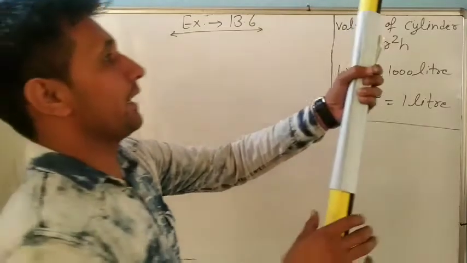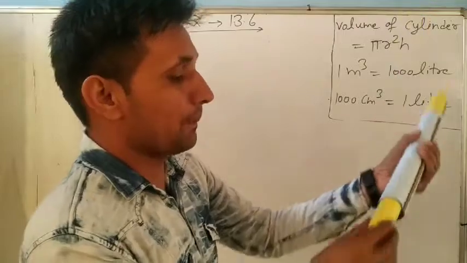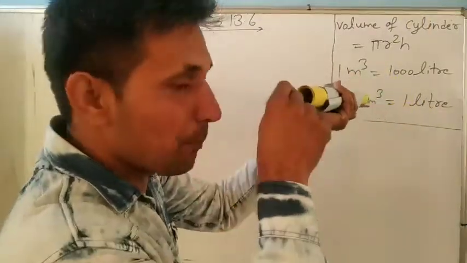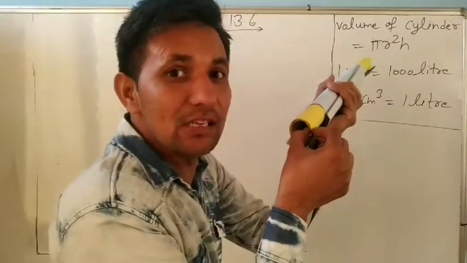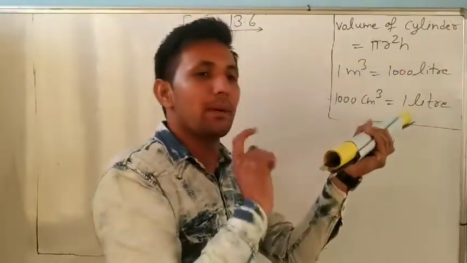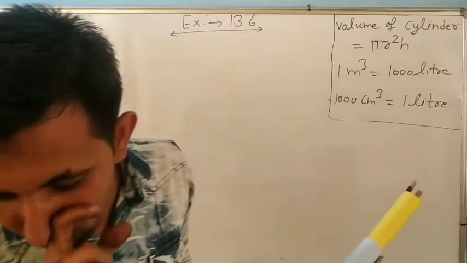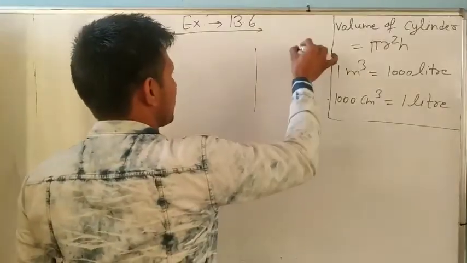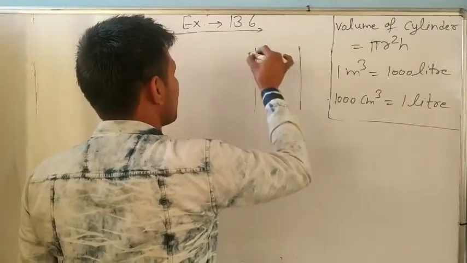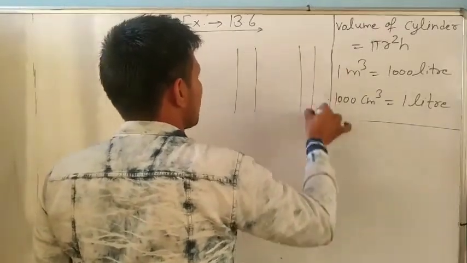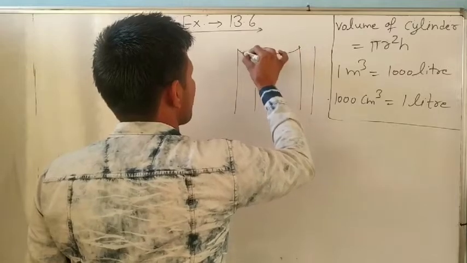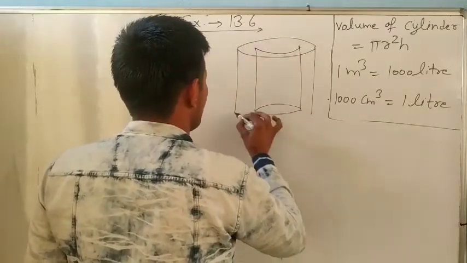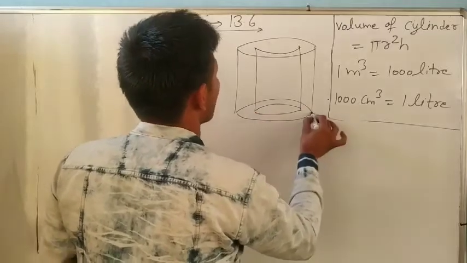It is like a cylinder, but when we observe a hollow pipe, it means there is some width of the wood also, because it is made of wood. It is a wooden pipe, it is a cylinder, and it is hollow, like this one. Understand or not?